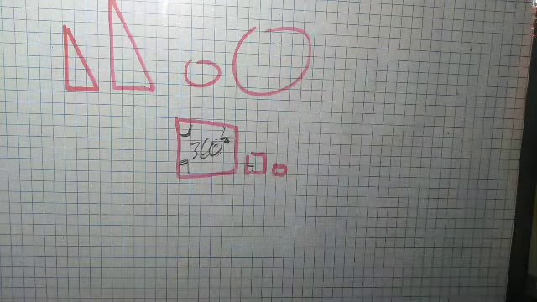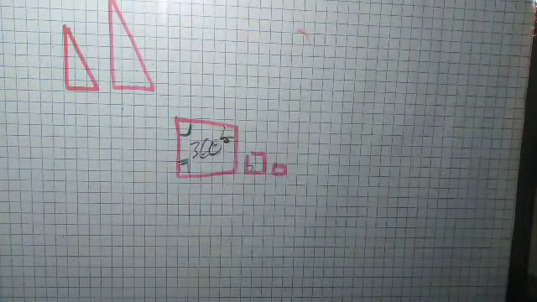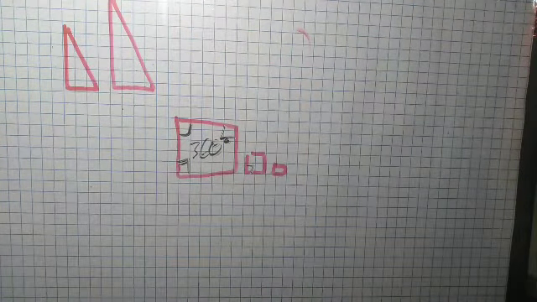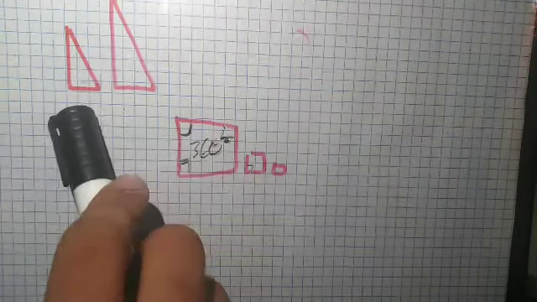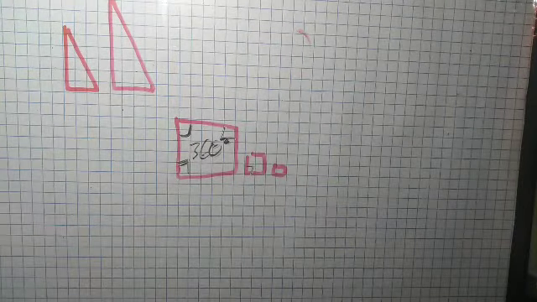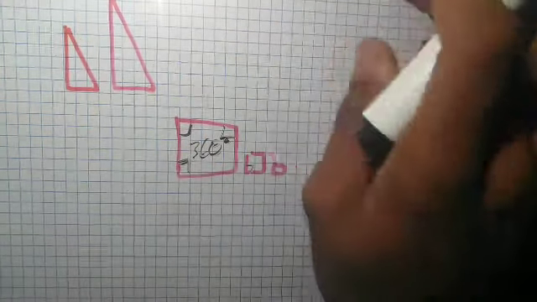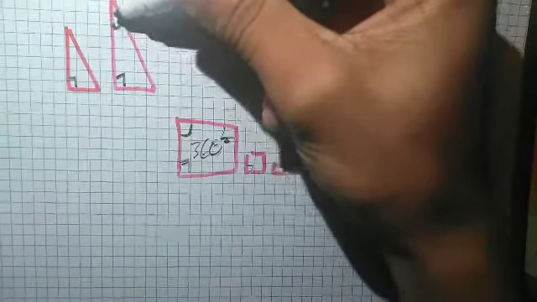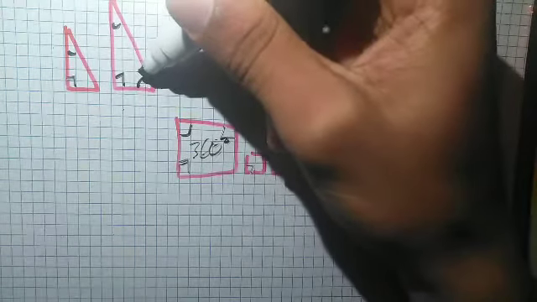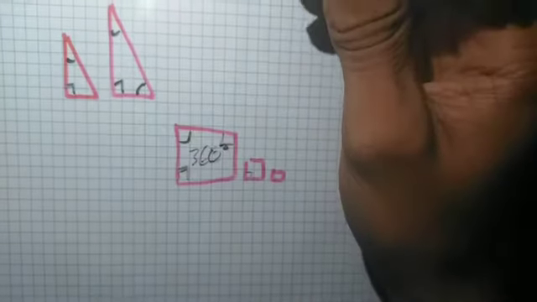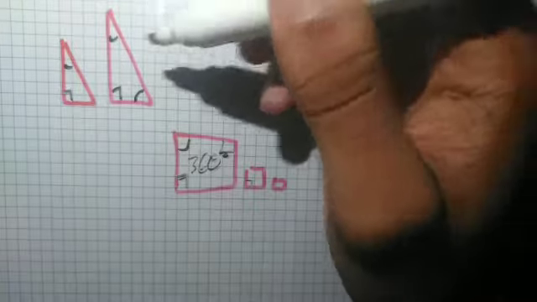The circle probably isn't the best example to show that, since circles don't have any side lengths. But when we look at, say, this triangle over here, let me give a quick example. Our angles are the same, and we can identify that these are similar also based on their side lengths.